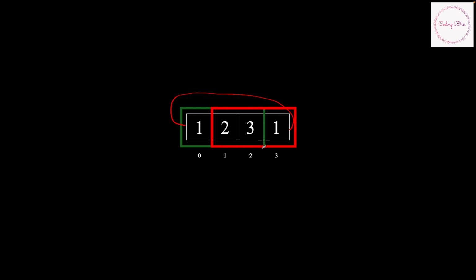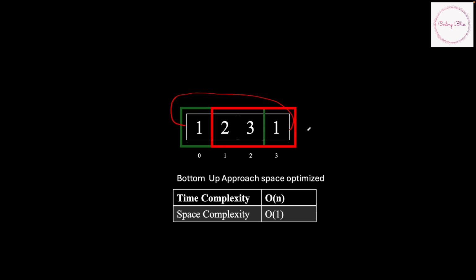The first one will include the first house, and the second one will go from house number 1 to the last house, thus avoiding an overlap between these two houses. By determining the max of those two, that will be the maximum money that the robber can get without getting caught by the police.